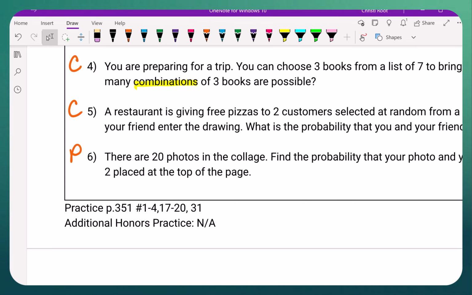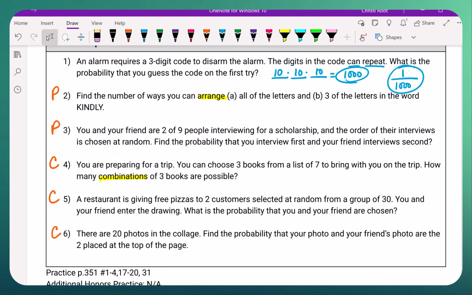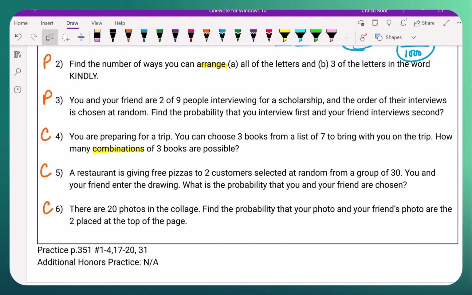So it does not matter which one's called first. And the last one, hold up, I wrote the wrong one. That should be a combination. I'm sorry. 6 is a combination because all you're trying to do is put it at the top of the page. It doesn't matter the order that they are in as long as it's at the top. So that's a combination.